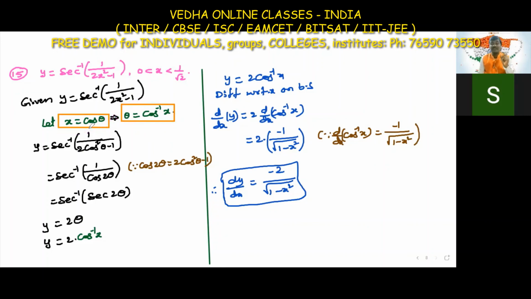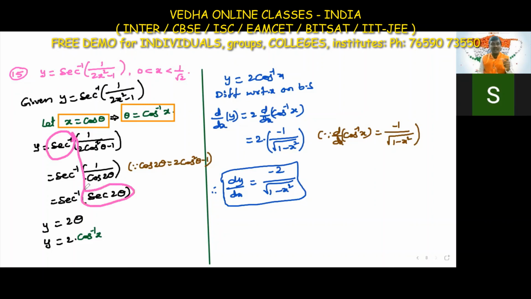What function we consider as x is very important. By practice you can understand what function to take, either cos or sin or tan; mostly we take these three. Why are we taking this? The reason is, outside we have secant inverse, so inside we want secant.